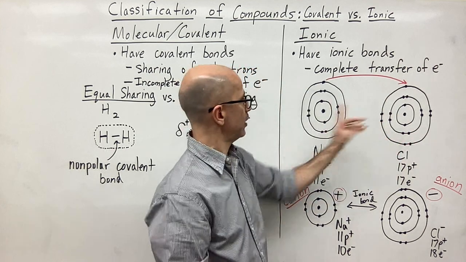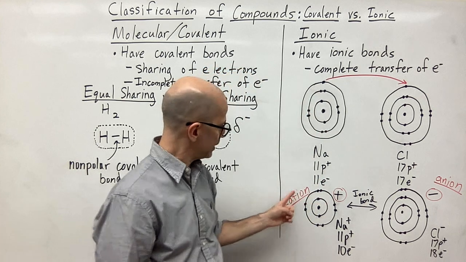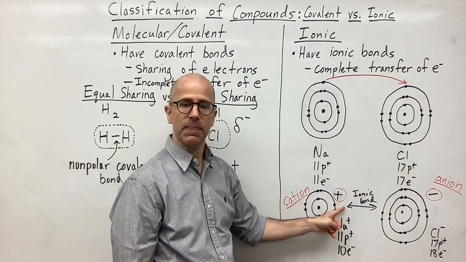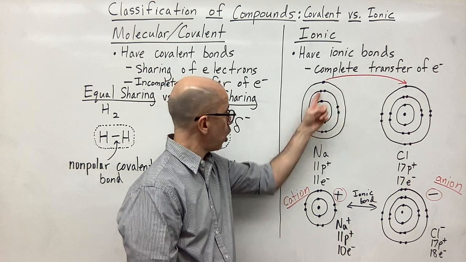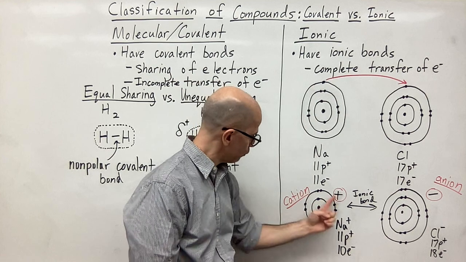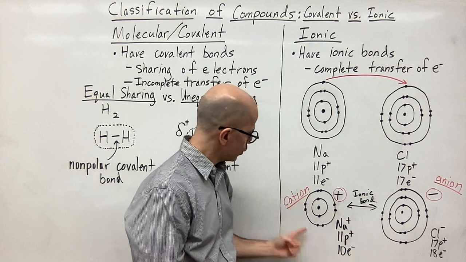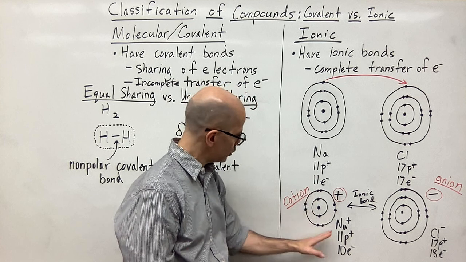So put these together, you get a transfer of an electron. They're going to react. And then what happens here, you get what is called a cation, a positive ion. So the sodium lost its electron, and now the outer shell is full, which is the second shell here. So you lost the third shell, in a manner of speaking. And so now you've got a full outer shell.